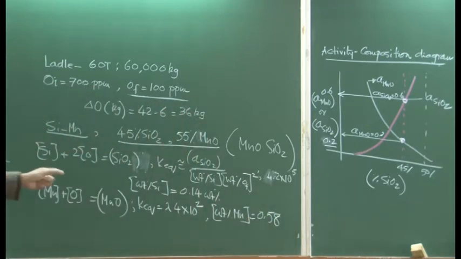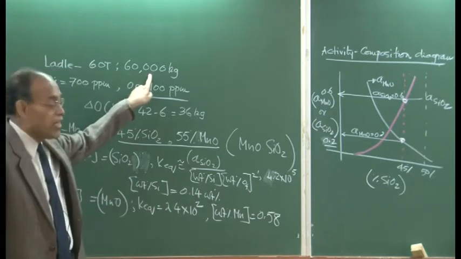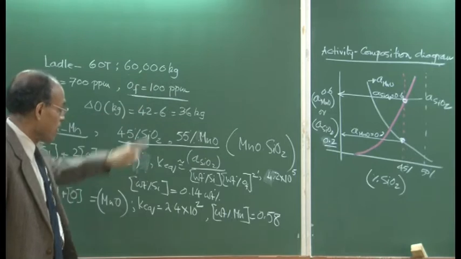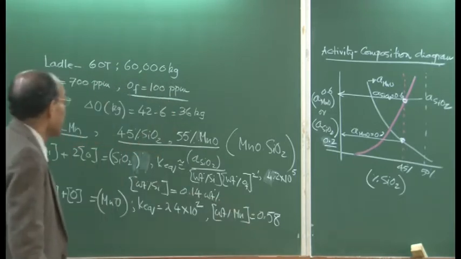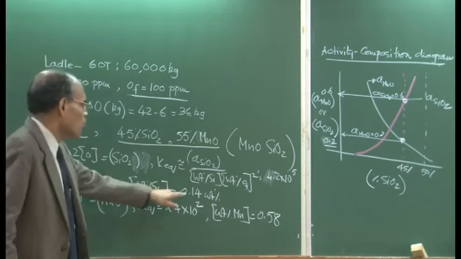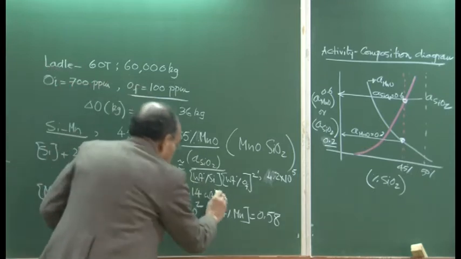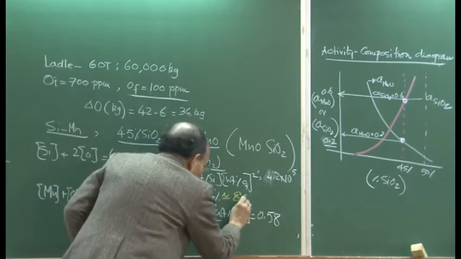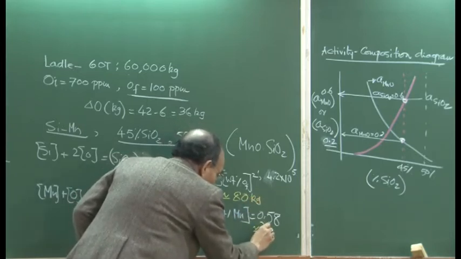So, we can now do a calculation: corresponding to 0.14 weight percentage for this much of steel, how much is going to be the silicon present, and for this much manganese, how much is going to be the manganese content. I think this comes out to be close to about 83 or 84. So, this corresponds to approximately 80 kg, and this corresponds to approximately 360 kg.